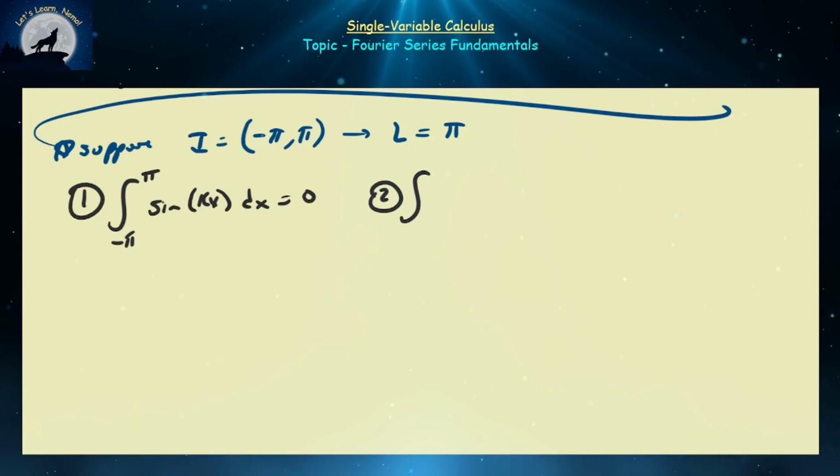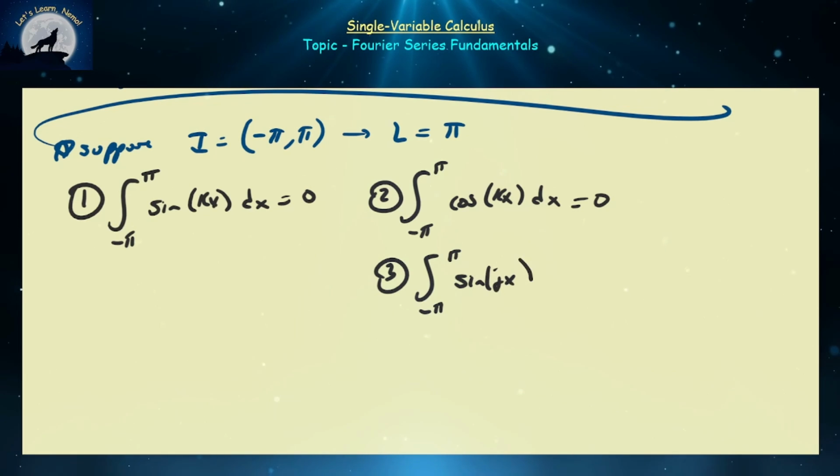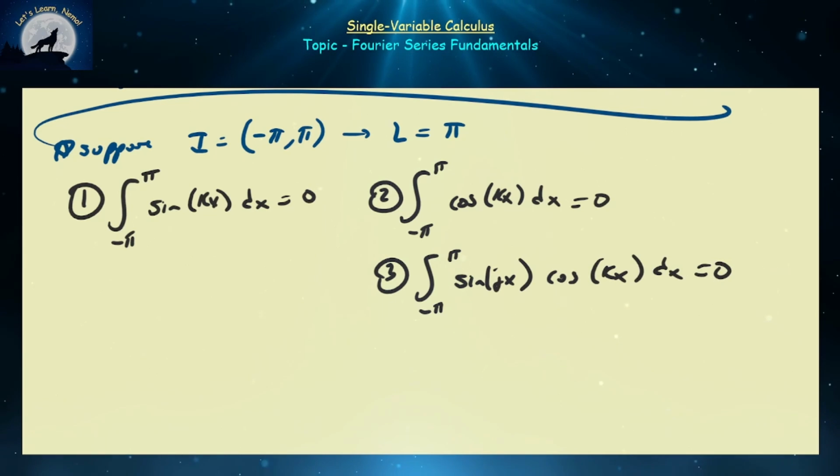Another easy one is the integral from minus pi to pi of cosine of kx dx. This is also going to be equal to 0. And third, the integral from minus pi to pi of sine of jx cosine of kx dx will be equal to 0 for any j and k.